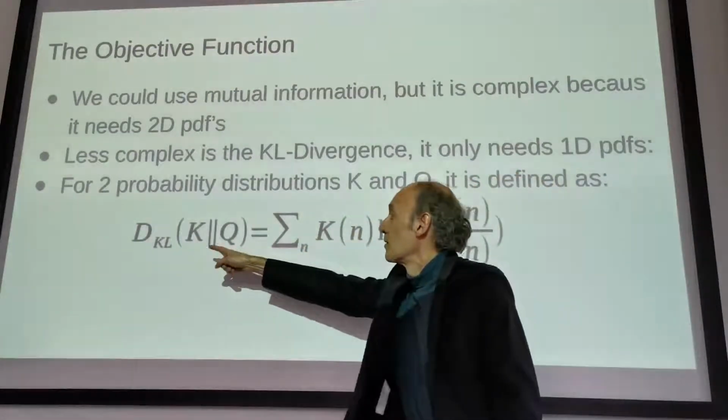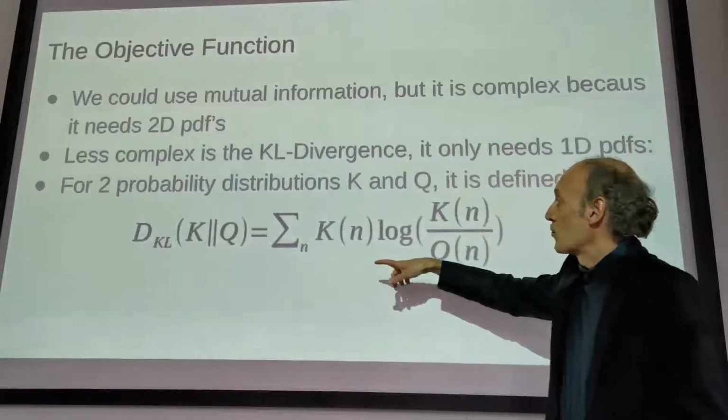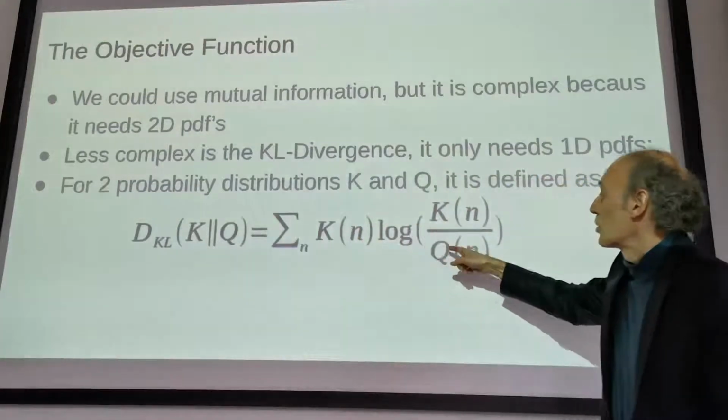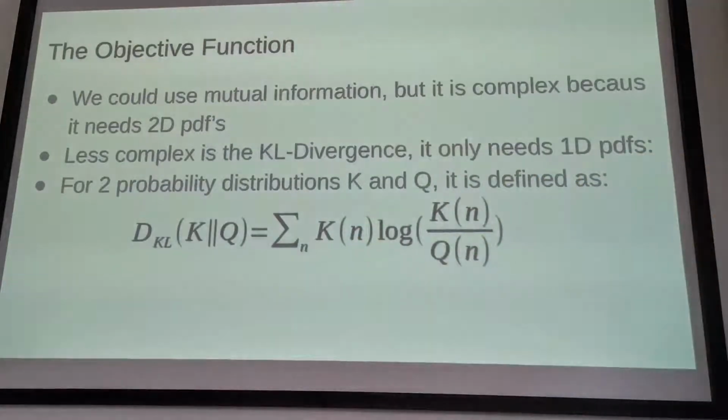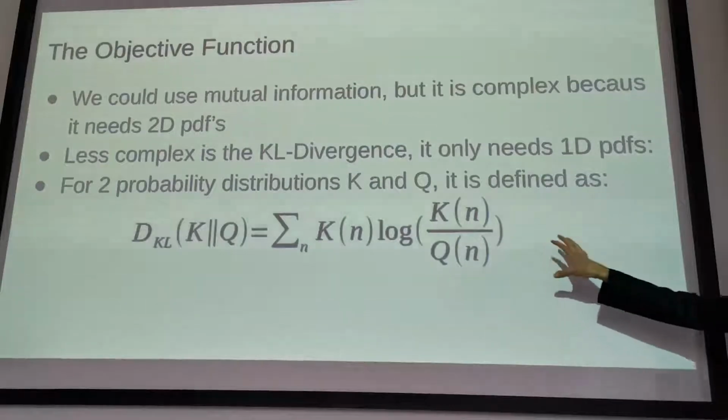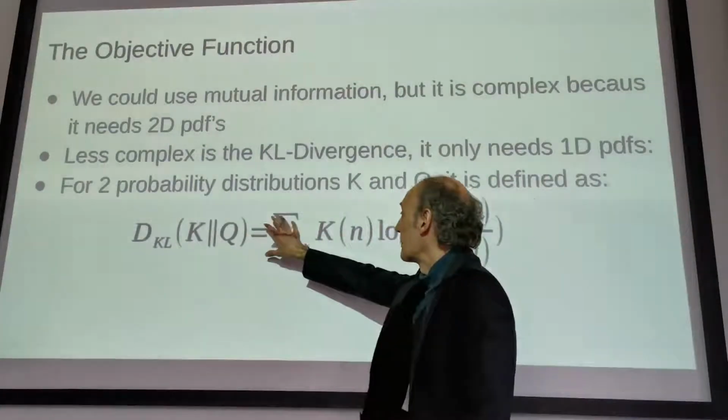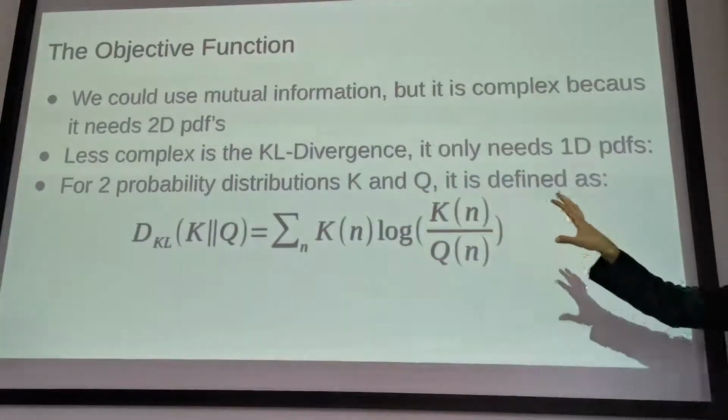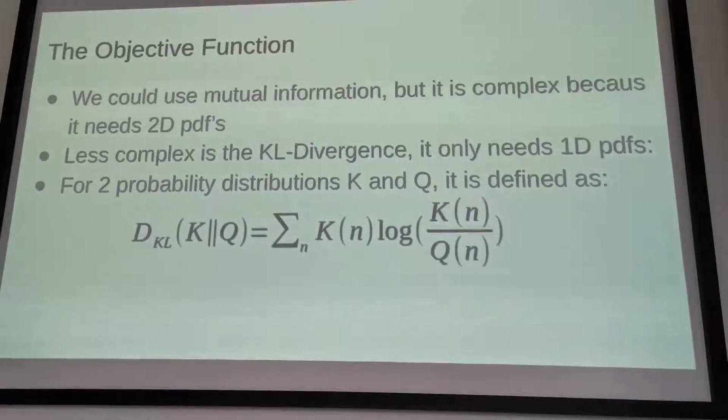So here you can see this is the Kullback-Leibler divergence. If P and Q are two probability density functions, then the divergence, the KL divergence, is defined like this. You can also interpret it as you encode one distribution using the other distribution as a code, or as a basis for a code.